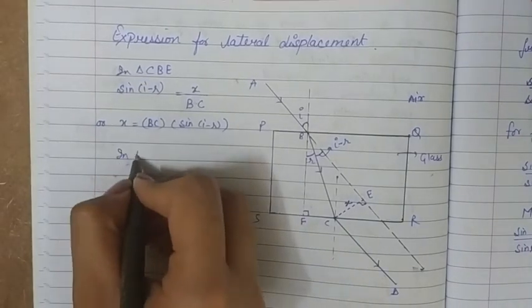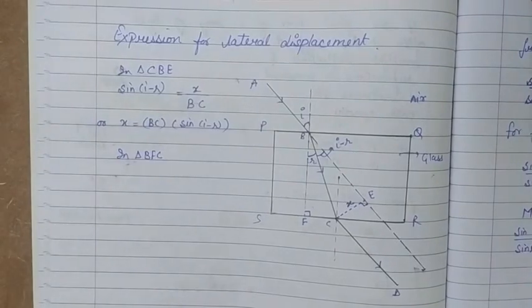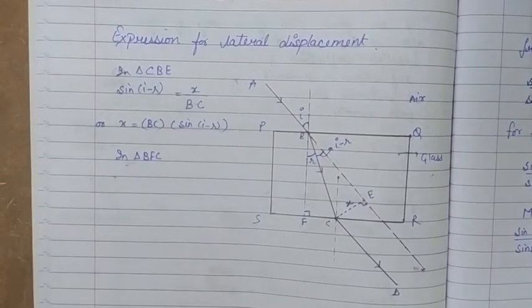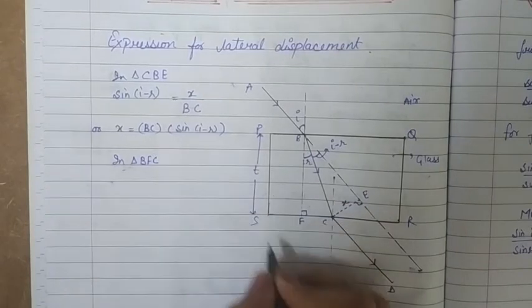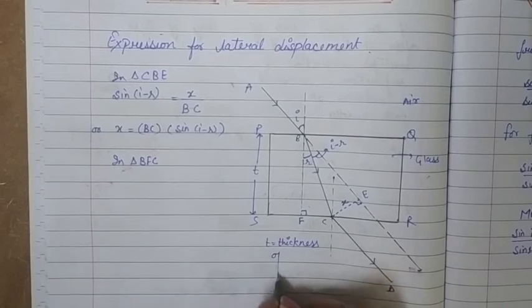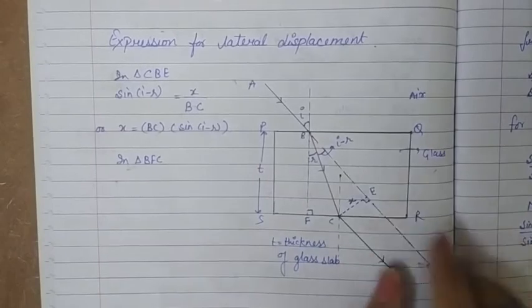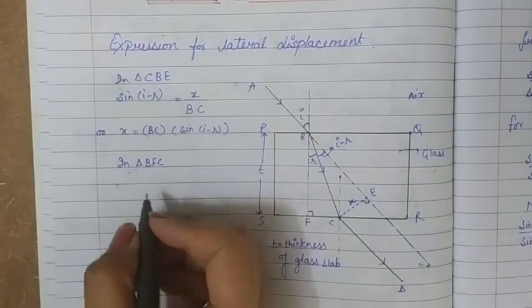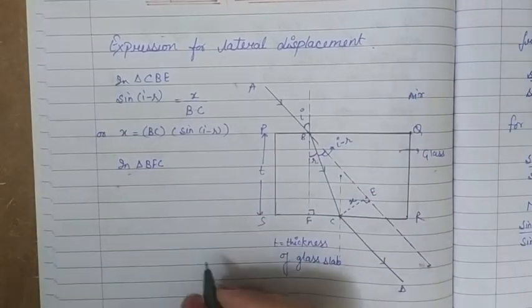In triangle BFC, if the thickness of this glass slab is T, then this length BF is T. For this angle r, I am trying to calculate cos r.